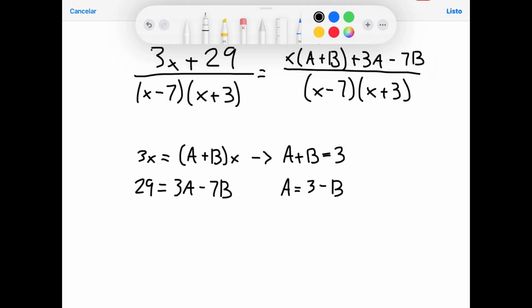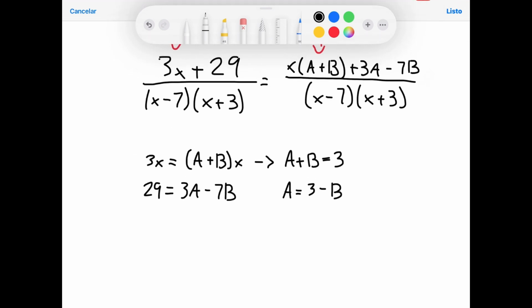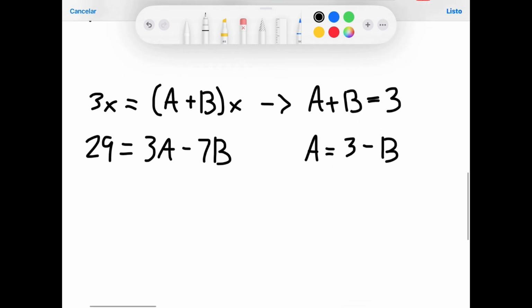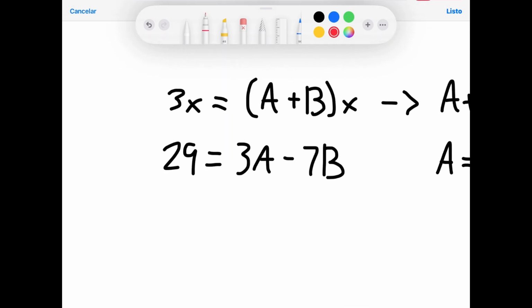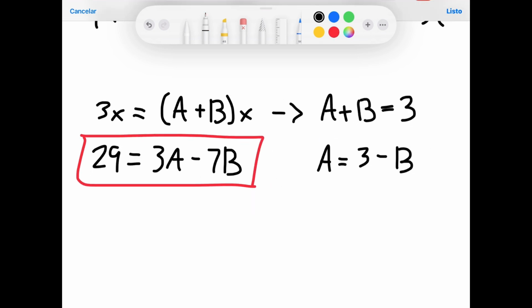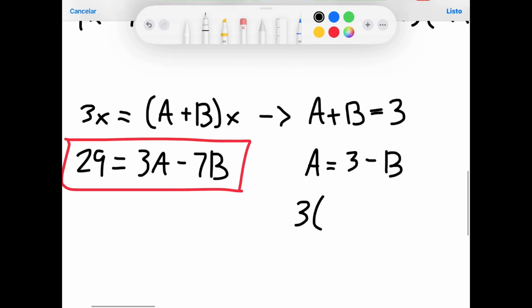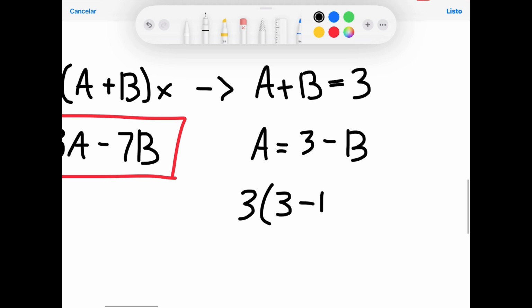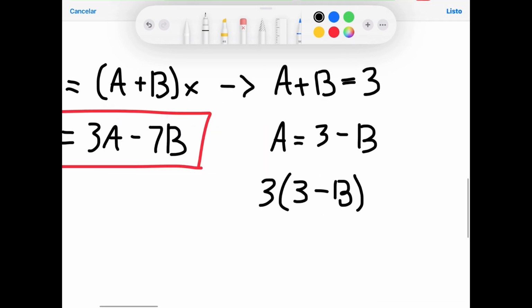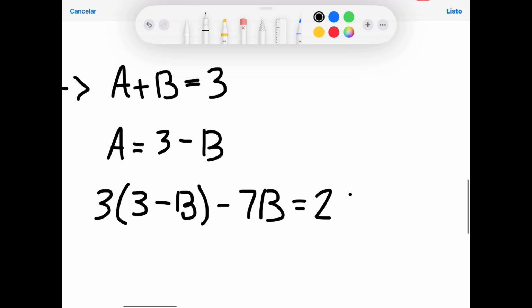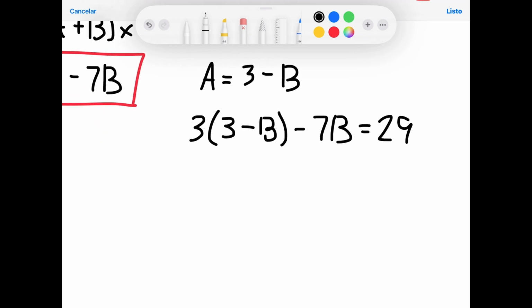I substitute the a in this equation. So now I say 3, and the value of a is 3 minus b, so I put it right here, minus 7b equals 29, and I begin to simplify.